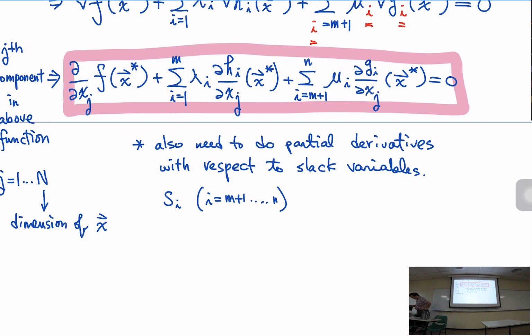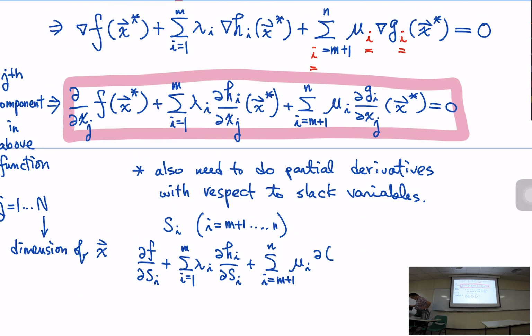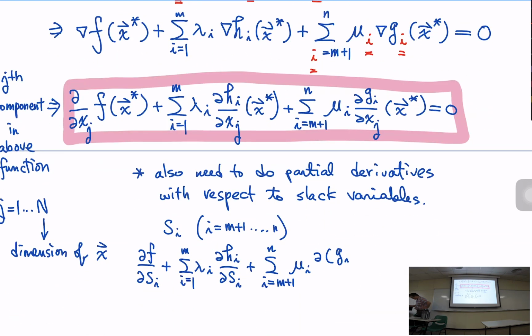If we do that, what we get at the end will be something like this: g i plus s i squared over s i.